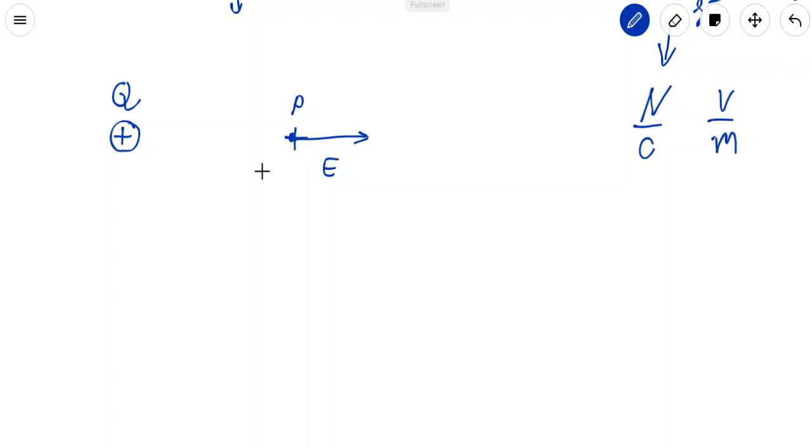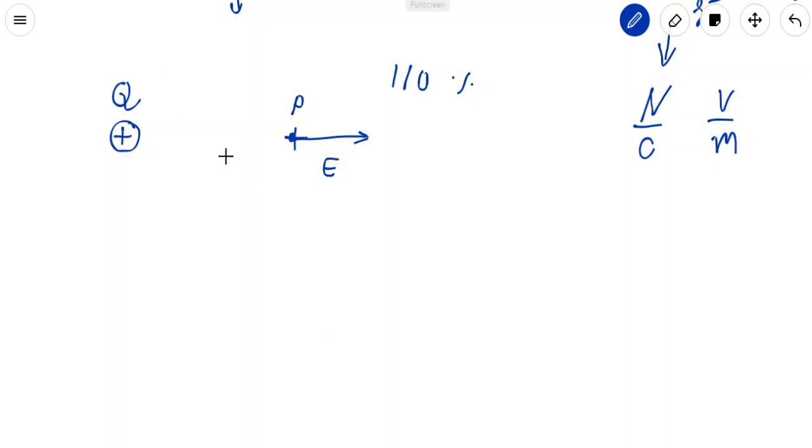So all you have to do is imagine. Must remember, I put in 110%. Whenever we need to find electric field, we have to assume unit positive charge at that point.